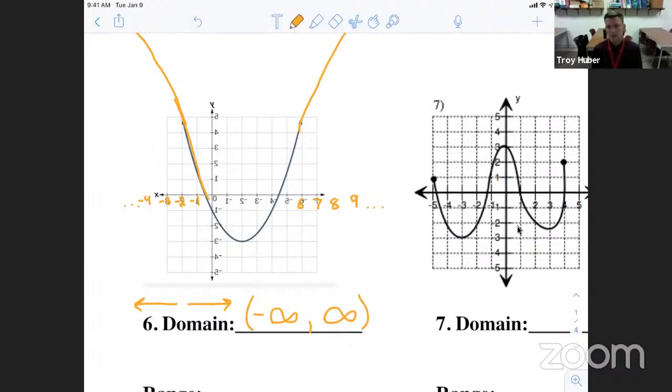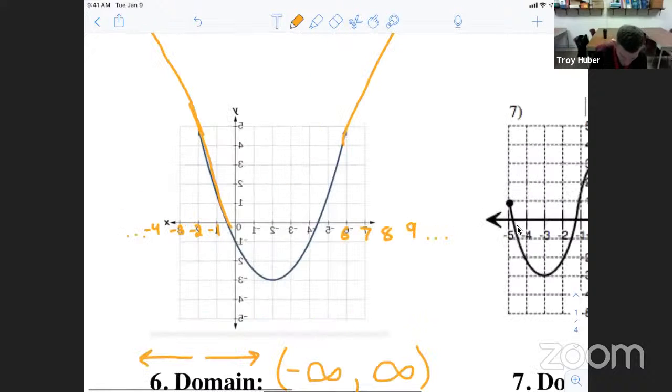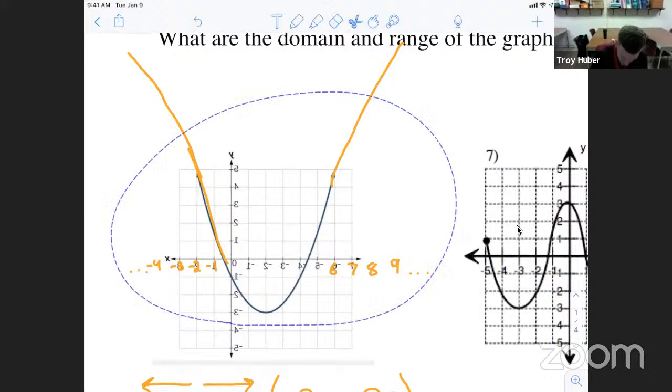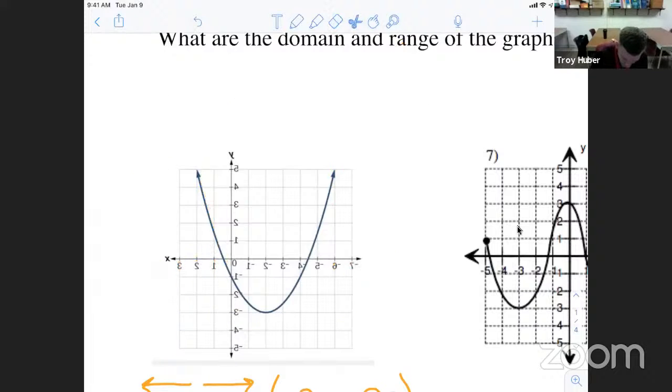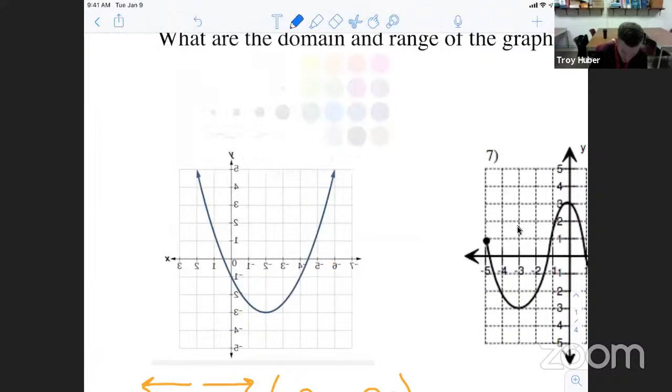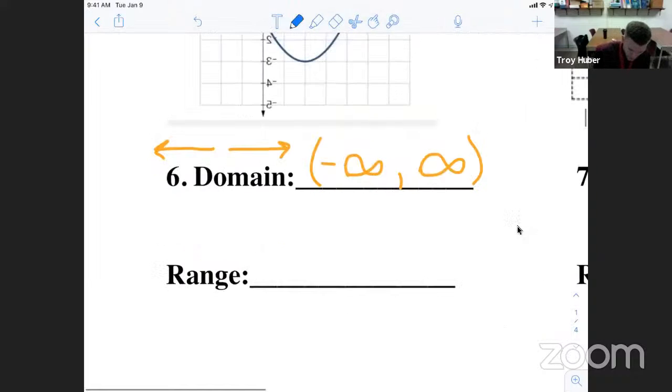Since the graph can never actually reach the point infinity, we use those parentheses. But now let's shift gears a little bit. We're going to look at range, and range we're going to do in blue. With range, we're not looking left and right, we're looking down and then up.